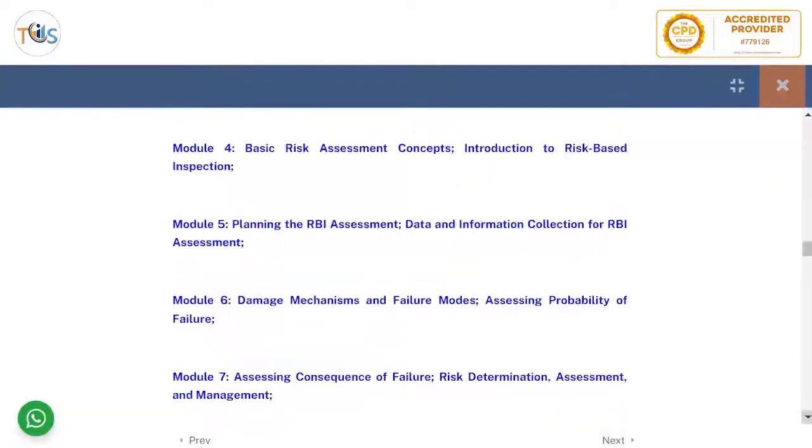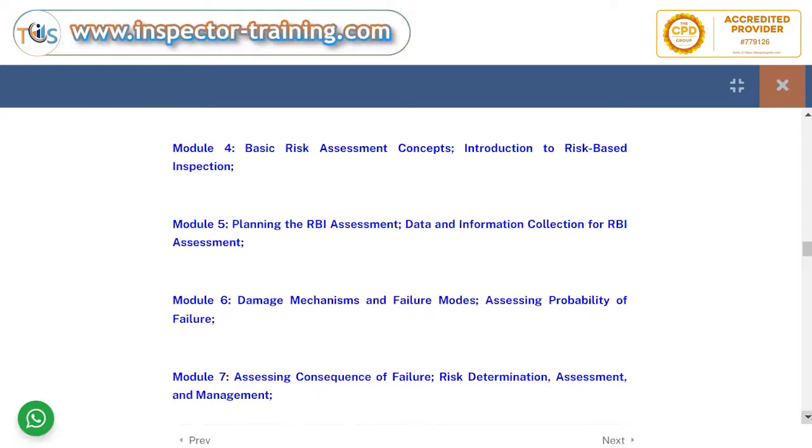Module 4, basic risk assessment concepts, introduction to risk-based inspection. Module 5, planning the RBI assessment, data information collection for RBI assessment. Module 6, damage mechanisms and failure modes, assessing probability of failure. Module 7, assessing consequence of failure.